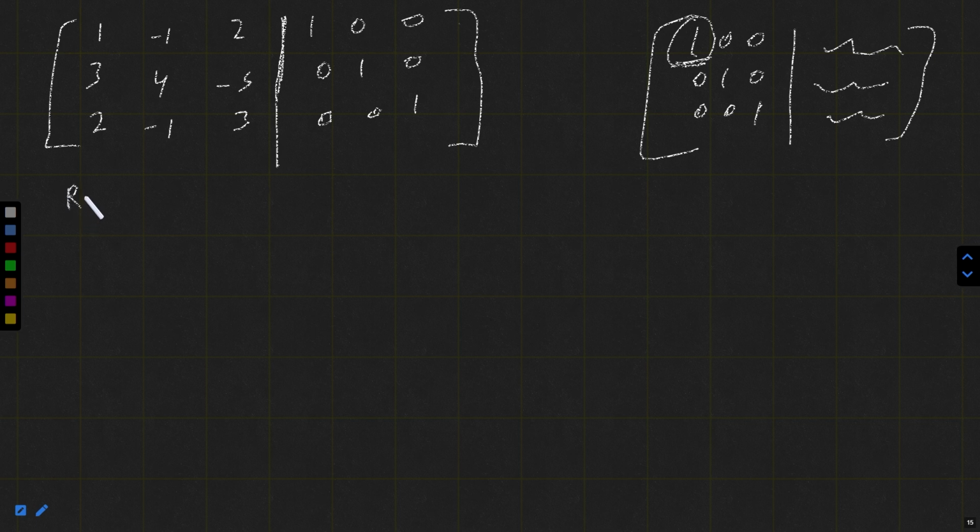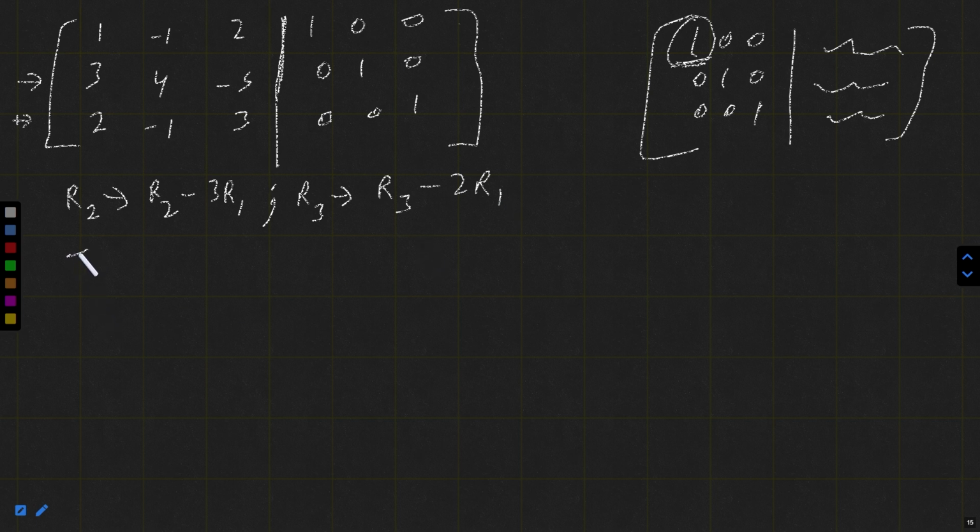Quite simple. This is R2, this is R3. So R2 will be R2 minus 3R1, and R3 will be R3 minus 2R1, like this.